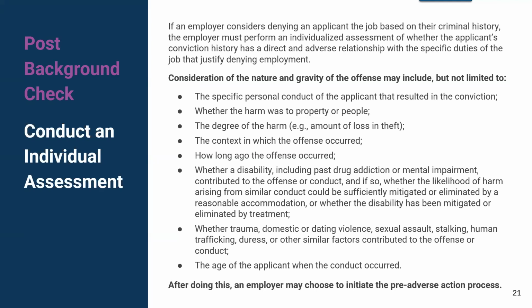It's not limited to this, but the specific personal conduct of the applicant that resulted in the conviction, whether the harm was to property or people, the degree of the harm, the context in which the offense occurred, and then an important one, how long ago the offense occurred, and whether trauma, domestic or dating violence, sexual assault, stalking, human trafficking, and other similar factors contributed, and then the age of the applicant when the conduct occurred.